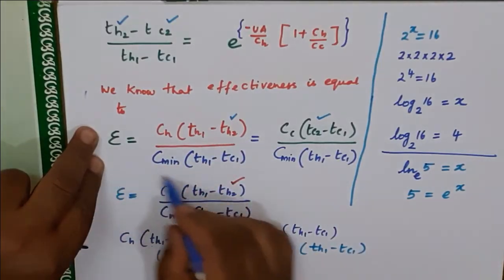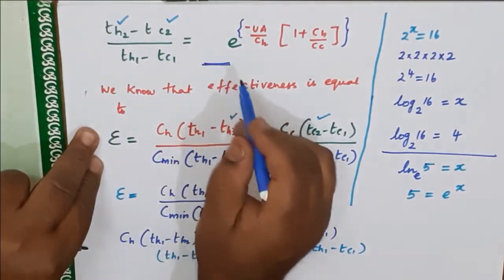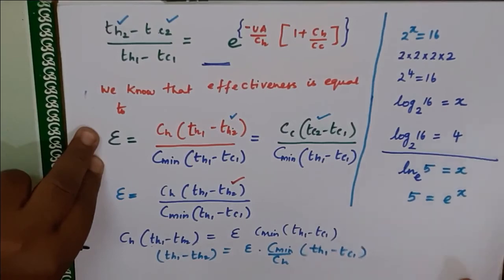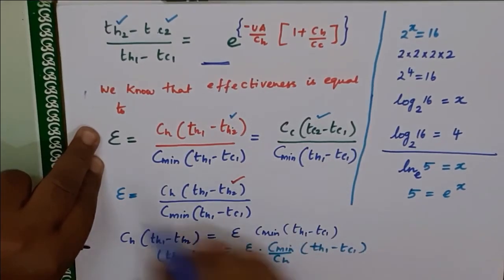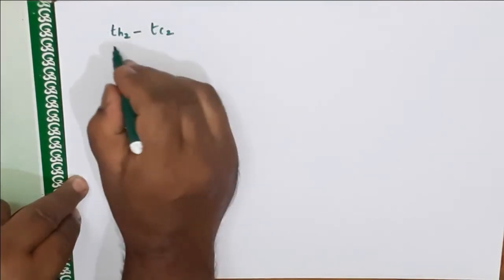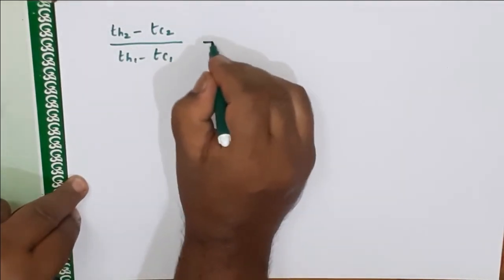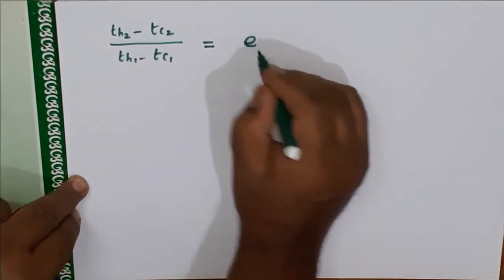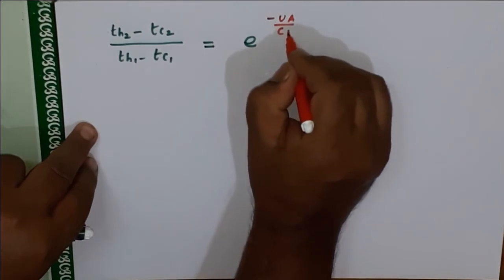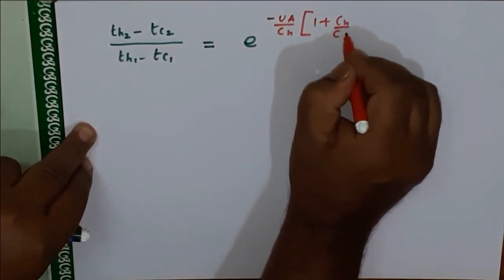From this term, TH2, this will be substituted in this equation. Similarly, for TC2, you have to take it from this term. Now, the same thing we'll do. TH2 minus TC2 whole divided by TH1 minus TC1 is equal to E raised to the power minus UA by CH into 1 plus CH by CC.